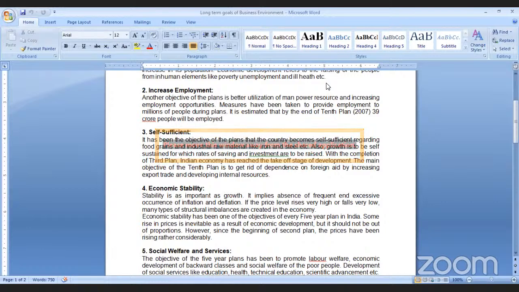Even in my locality where there were no hospitals in Cuttack, but today if you see near my home there are 5 or 6 hospitals within a 1 kilometer radius, private hospitals.